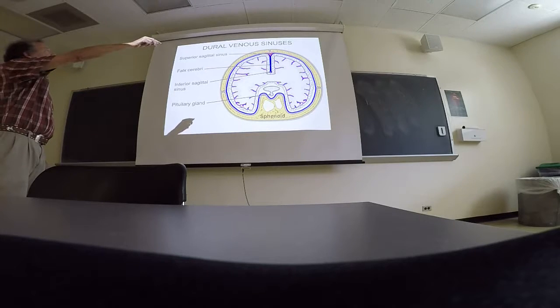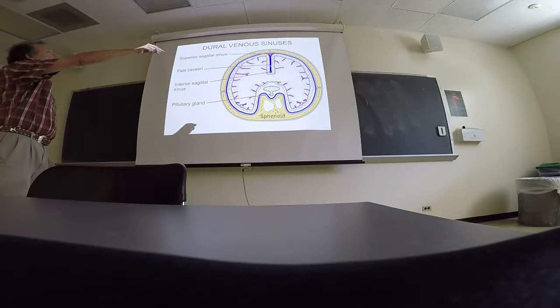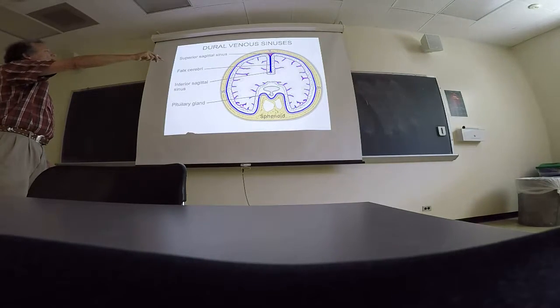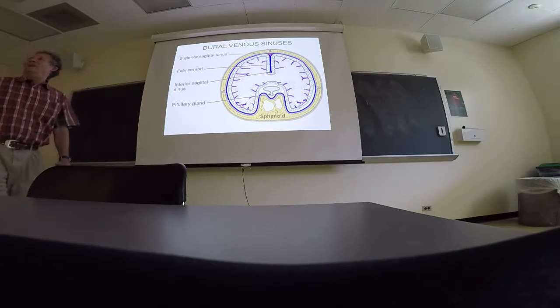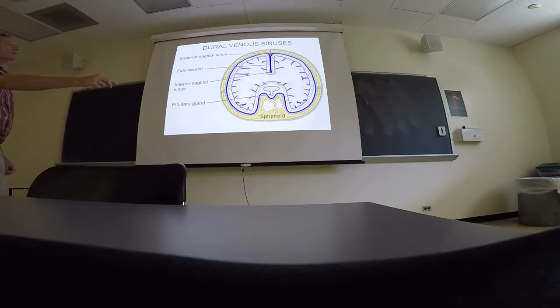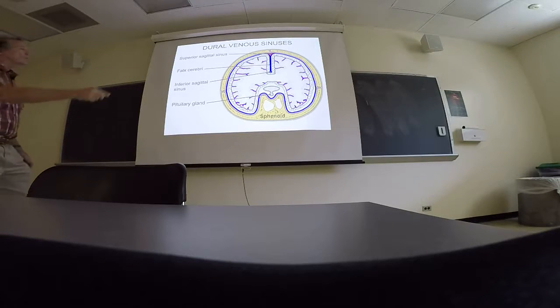Fortunately, this falx doesn't go all the way down here because our right and left halves of the brain are connected in the middle by the corpus callosum. And here's the pituitary gland sitting down here in the sella turcica, and this dura comes up and actually comes a little closer than it's shown here, so that your diaphragma sellae would be running across there.